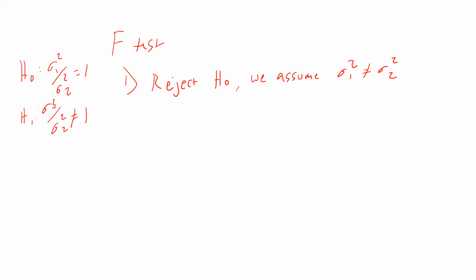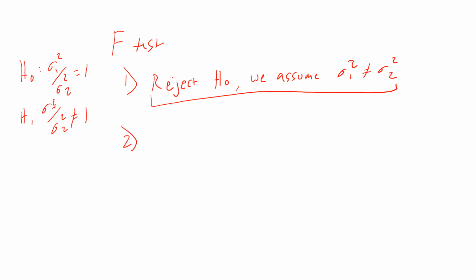So based on your decision, if you reject the null, meaning you have enough evidence to conclude, we assume unequal variance. If you were to just write this on your exam, you'd be totally fine. Again, anytime you run a test, you always need a decision, but this is just for your F test.